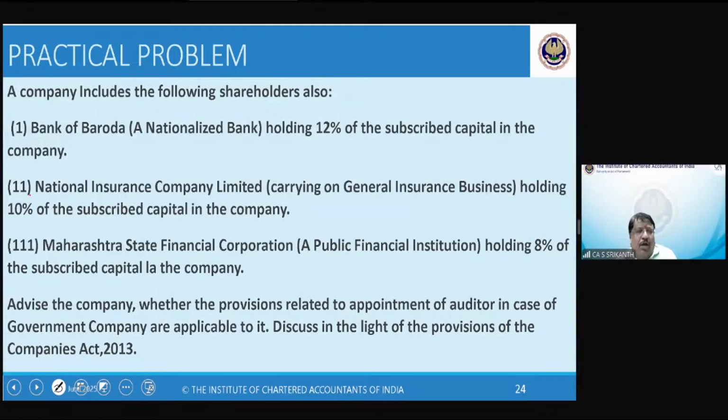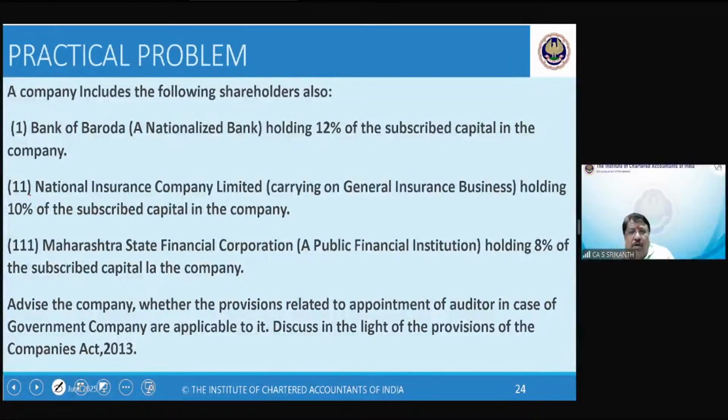Here we go with the government company problem. A company includes the following shareholders also. Also means other shareholders are there. Bank of Baroda, a nationalized bank, 12% of the subscribed capital. National Insurance Company Limited, carrying on general insurance business, holding 10%.